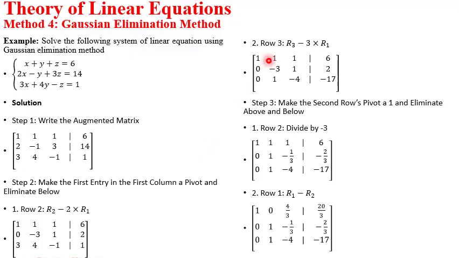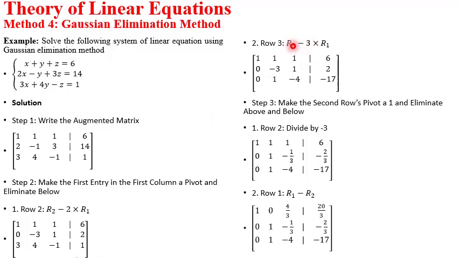All right, the next thing is we want to also eliminate the element in the first column of the third row. So the new row 3 will be row 3 minus 3 times row 1.